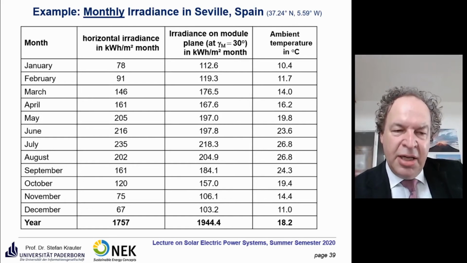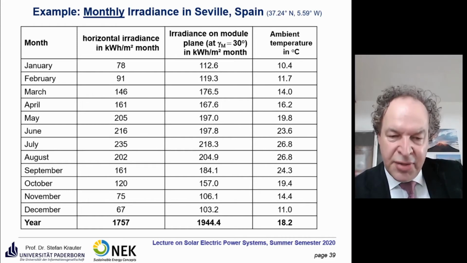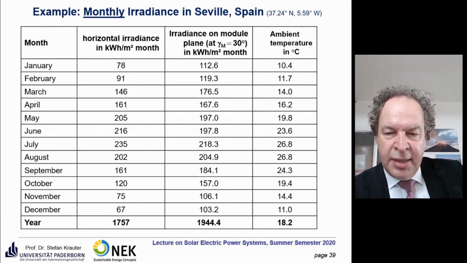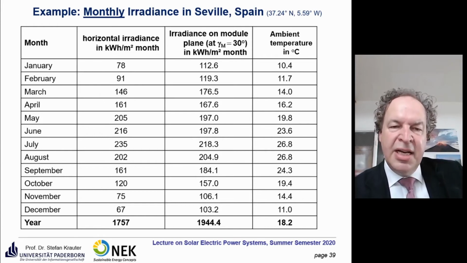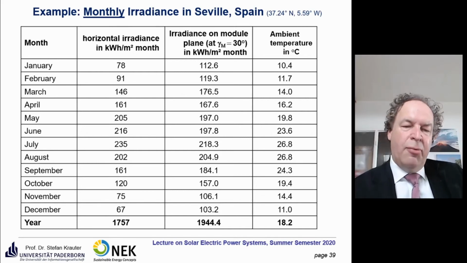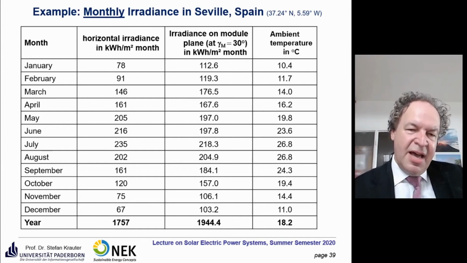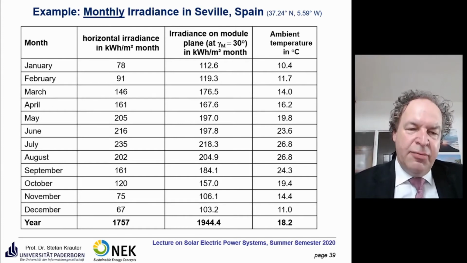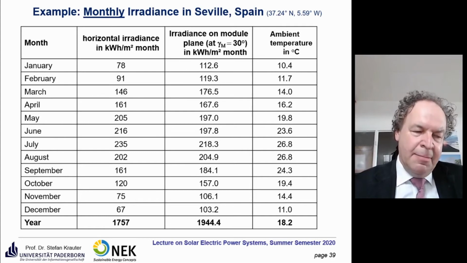But in general, if you compare the yearly sum, for a horizontal irradiance in Seville, we would have 1757 kilowatt hours per square meter per year. And if we go to the inclination of 30 degrees, then we have 1944 kilowatt hours per square meter per year, plus the advantage that we have a more equalized irradiance.